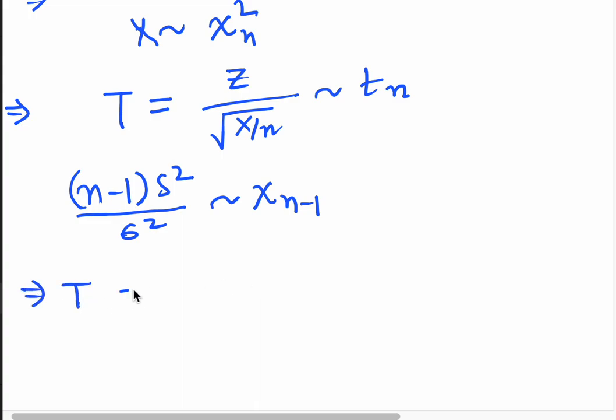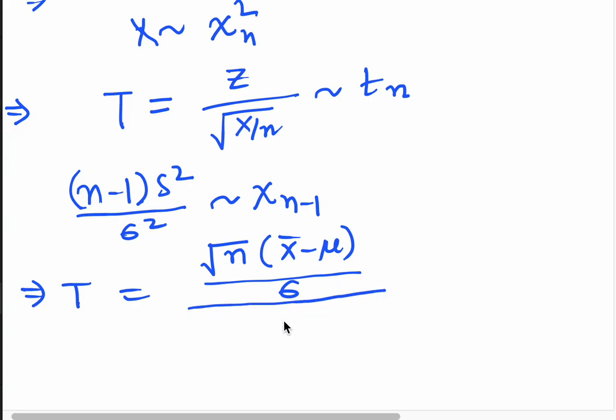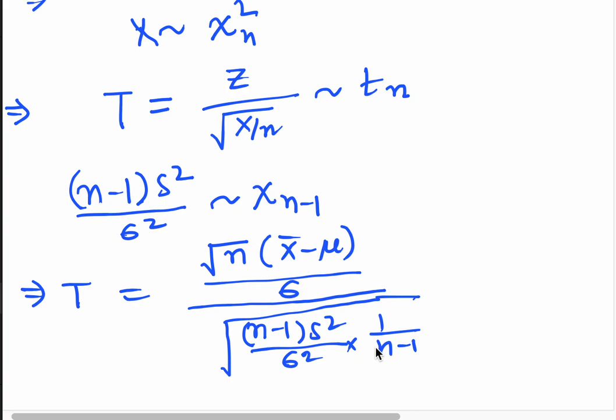Then the variable t, root over n times x bar minus mu by sigma, divided by root over n minus 1 s square by sigma square into 1 over n minus 1, should follow a t distribution with degrees of freedom n minus 1.